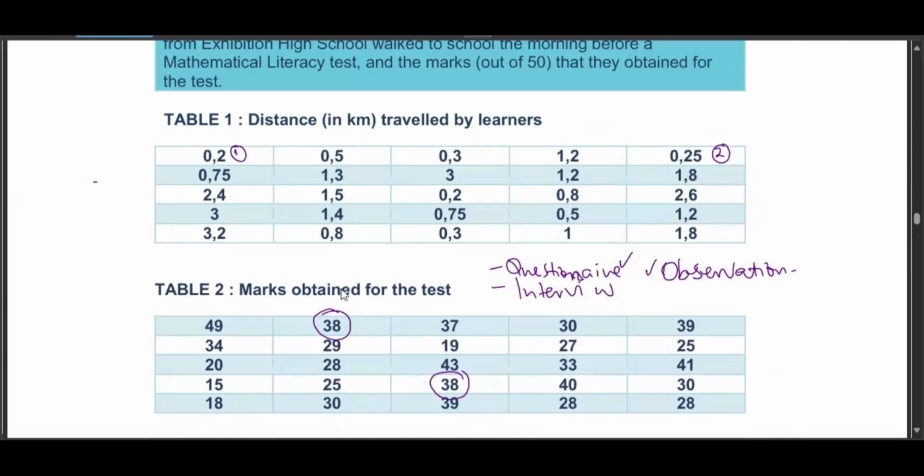So we count those ones. Less than 1 kilometer, we have 1, 2, 3, 4, 5, 6, 7, 8, 9, 10, 11. So they are 11 out of how many? 1, 2, 3, 4, 5, 6, 7, 8, 9, 10, 11, 12, 13, 14.